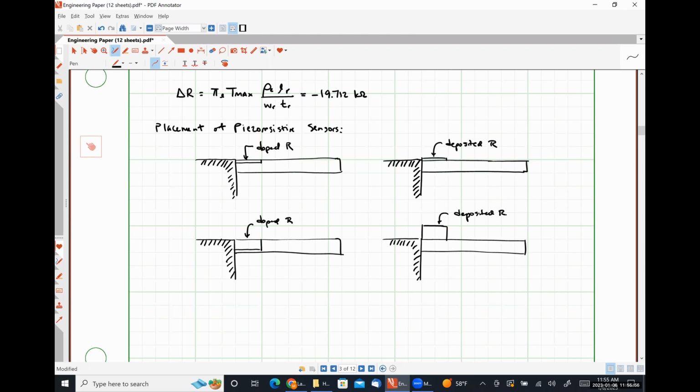Well, if we're assuming that these are all longitudinally oriented, and so the current is flowing in the same direction as the length of the beam, the width is just going to make the cross-sectional area larger, which will in turn make the overall resistance smaller. It's not going to change the fractional bit at all.